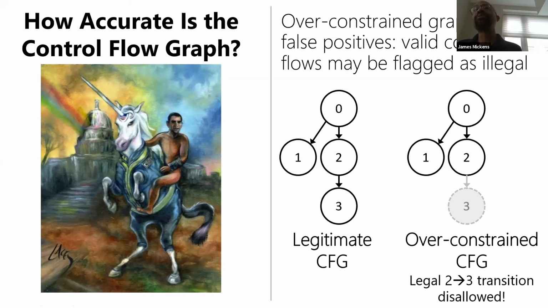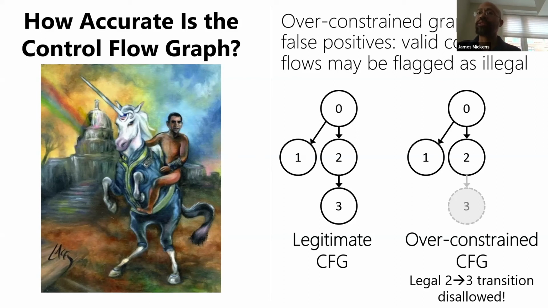And so as a preview of coming attractions, that means that typically people are much more comfortable with false negatives in control flow integrity because they're saying, well, I may miss something, but I'm not going to constantly be alienating my user base by constantly giving them false alarms.